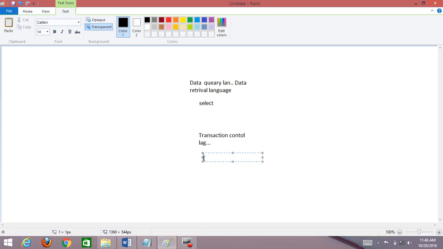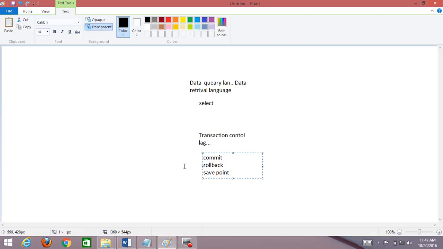What commands? Commit, second is rollback, and third is savepoint. Three commands are used in the transaction control language. Data query language, data retrieval language, is only the select command, and transaction control is commit, rollback and savepoint.